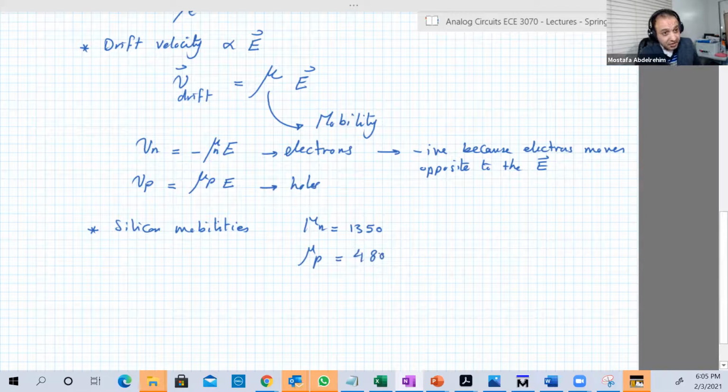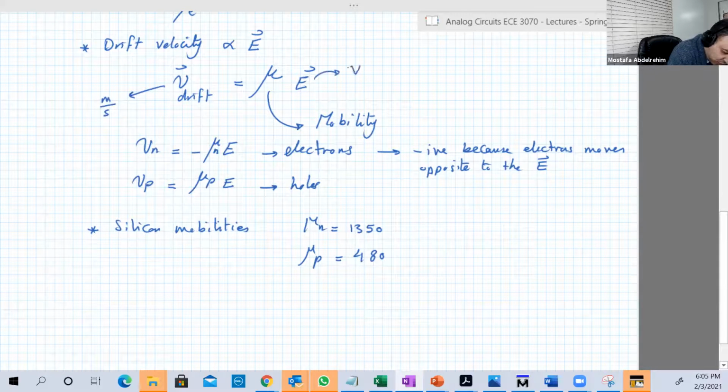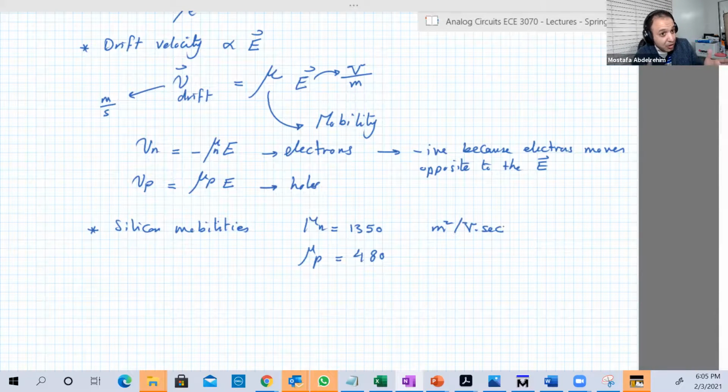And now what is the unit of the mobility? That's very easy. V is in meter per second, E is volt per meter. So basically it's meter square over volt second. So I will write it meter square, although it's wrong, so just keep with me, divided by volt second. Basically here meter or centimeter or micrometer matters a lot, it's just a factor of 100 between them.